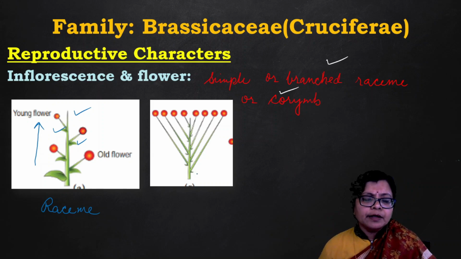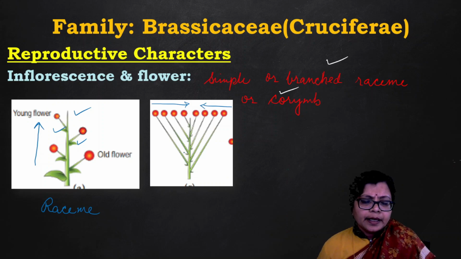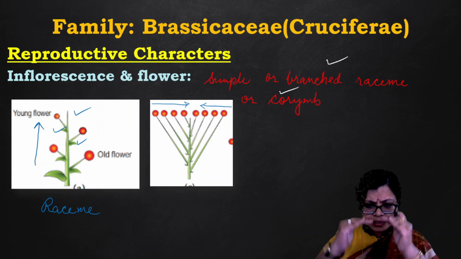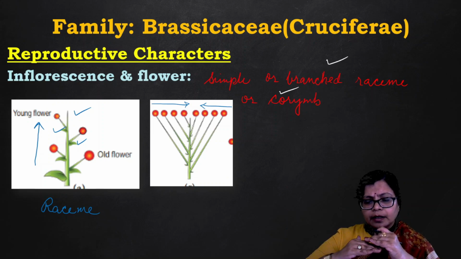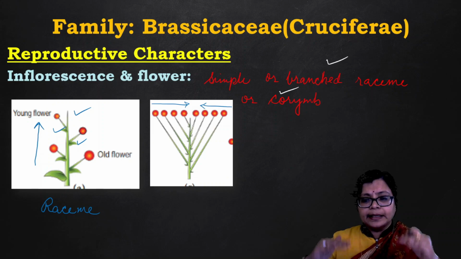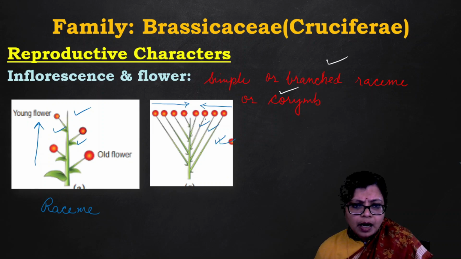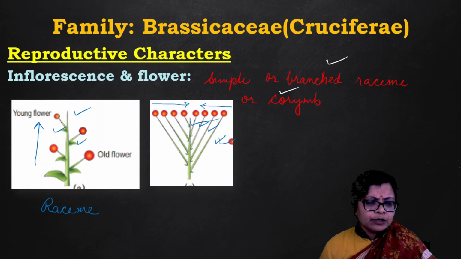Now what is corymb? Corymb, the flowers develop from periphery to center, and the inflorescence axis is little shortened so that the flowers develop at the same level, and also the pedicel, that is the floral stalk, are of unequal length, whereas in case of raceme, equal length.